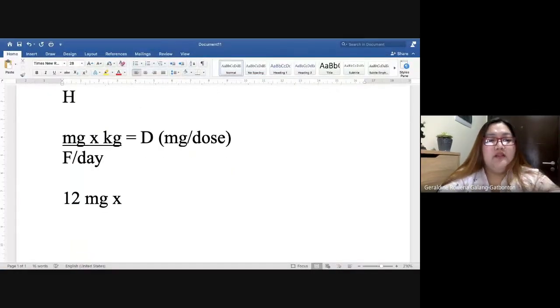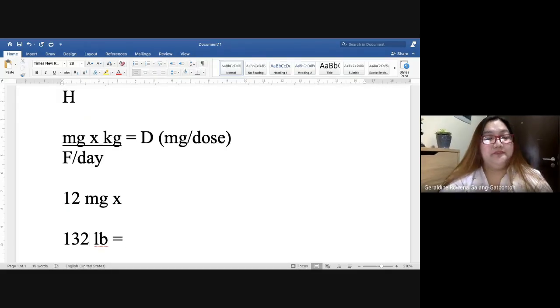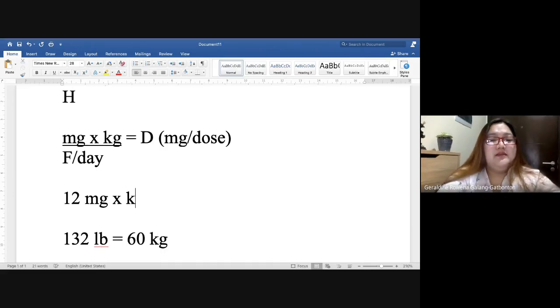So, 132 pounds, you have to convert into kilo. And 1 kilo is 2.2 pounds. So, if you compute that, ang lalabas na sagot ay 60 kilograms. So, 12 mg times kilo.